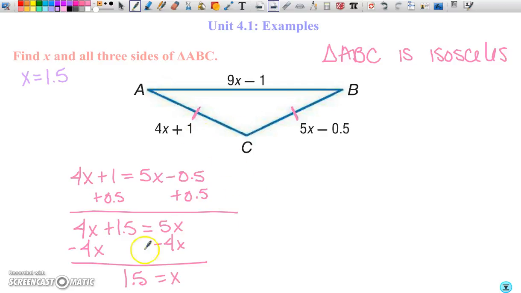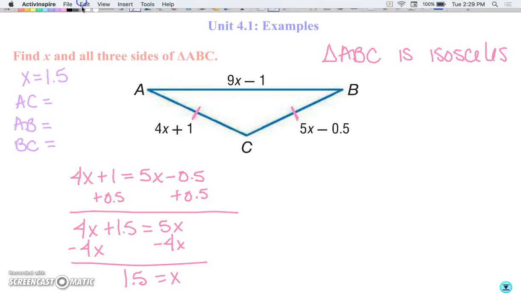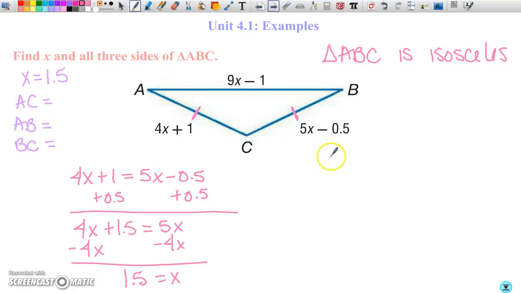Then we plug that into the equations to find out what exactly AC, BC, and AB are. Since these two sides are congruent, we don't really need to plug the 1.5 into both places, but I will just to show you how it works out. So 4 times 1.5 plus 1 comes out to 6 plus 1, which is 7.